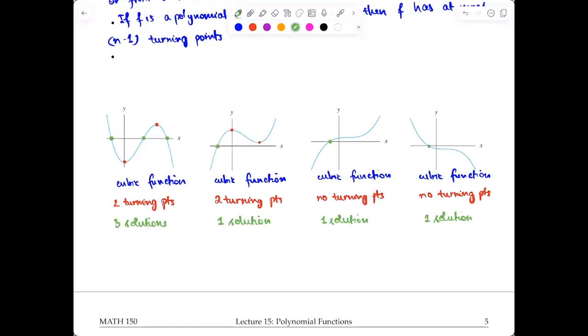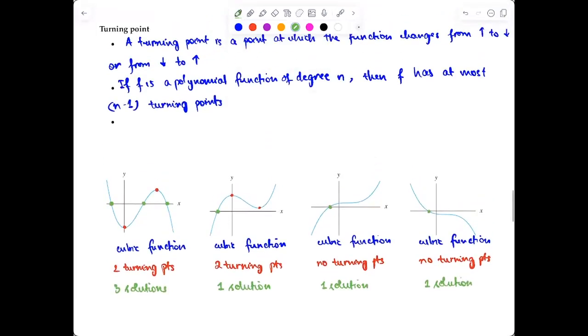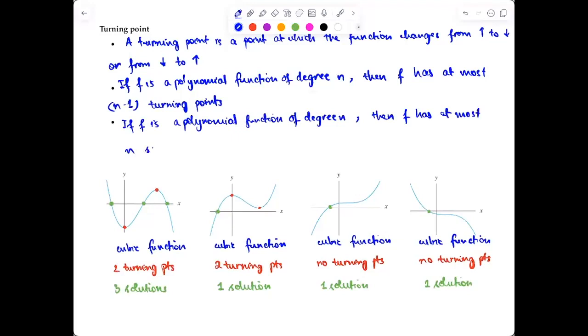But in general, if f is a polynomial function of degree n, then f has at most n solutions.